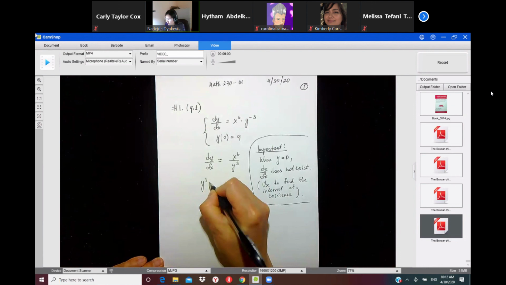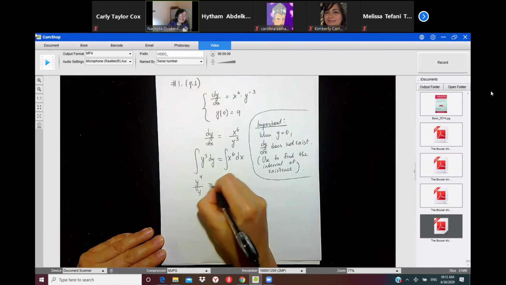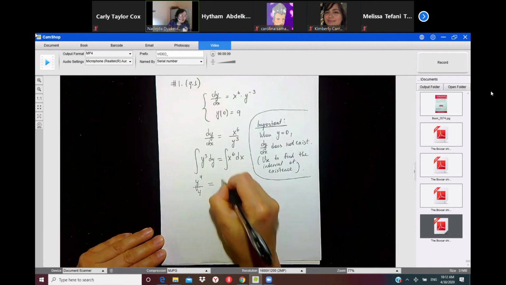This is y to the 4 divided by 4, equals x to the 7 over 7 plus some constant of integration. Okay, so next step is to multiply by 4 both sides.